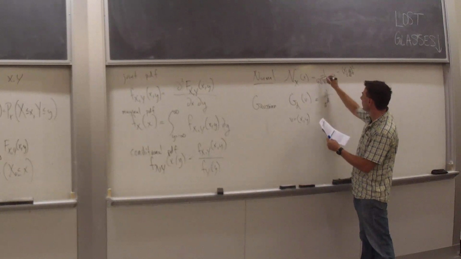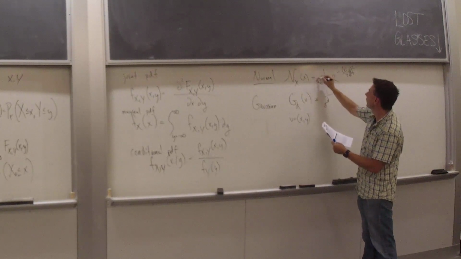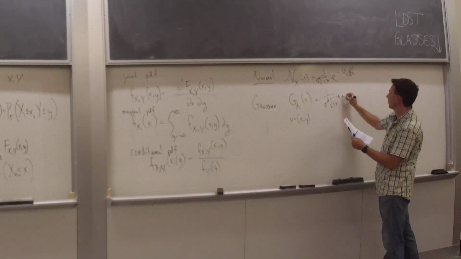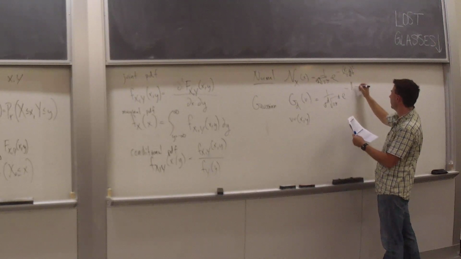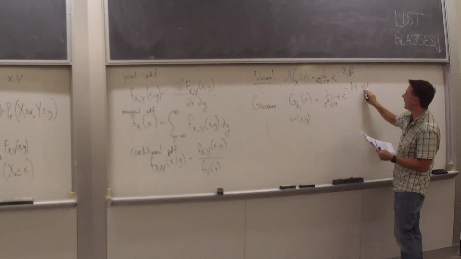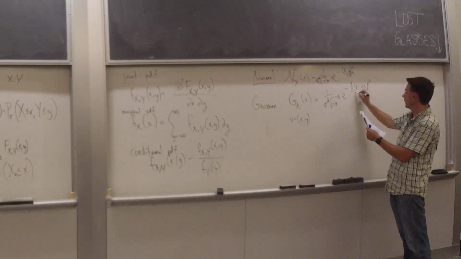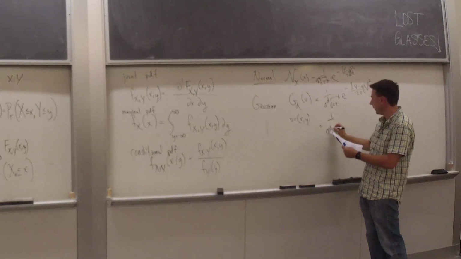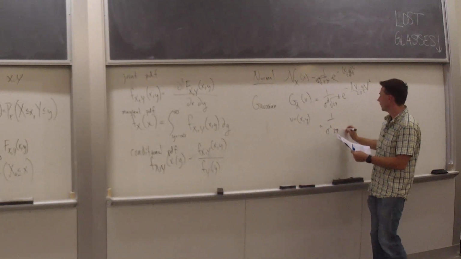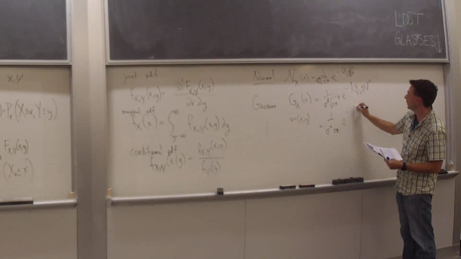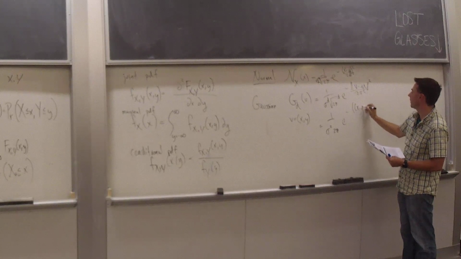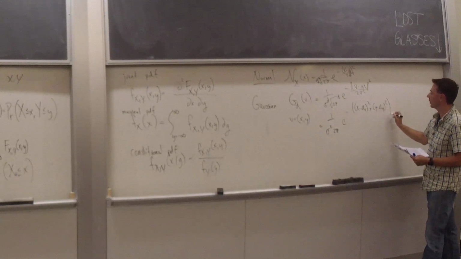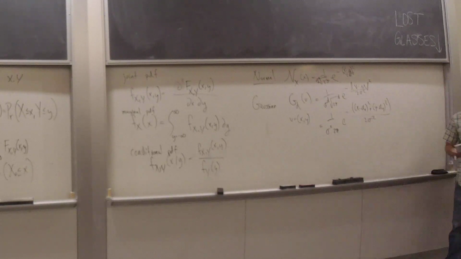The exponent is the distance between v and mu, where mu is now a 2-dimensional point, divided by 2 standard deviations squared. So in 2D, this is 1 over 2 pi e to the negative x minus mu x squared plus y minus mu y squared over 2.